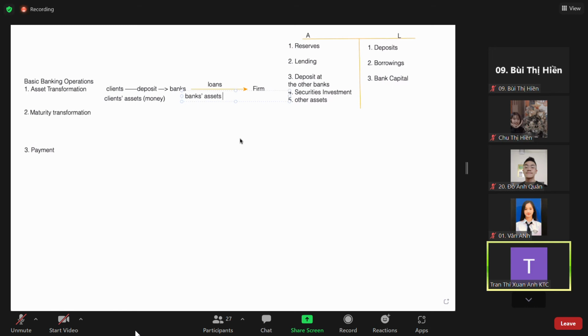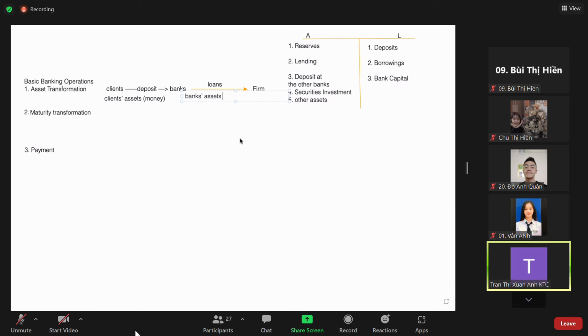But if we break down the relationship between the bank and the firm, on the firm side, the loan will be the firm's debt, but on the bank side, the loan will be considered the bank's assets because that money is coming out of the bank. I don't care how you get that money, but I lend you that money, so I am the owner of that money.